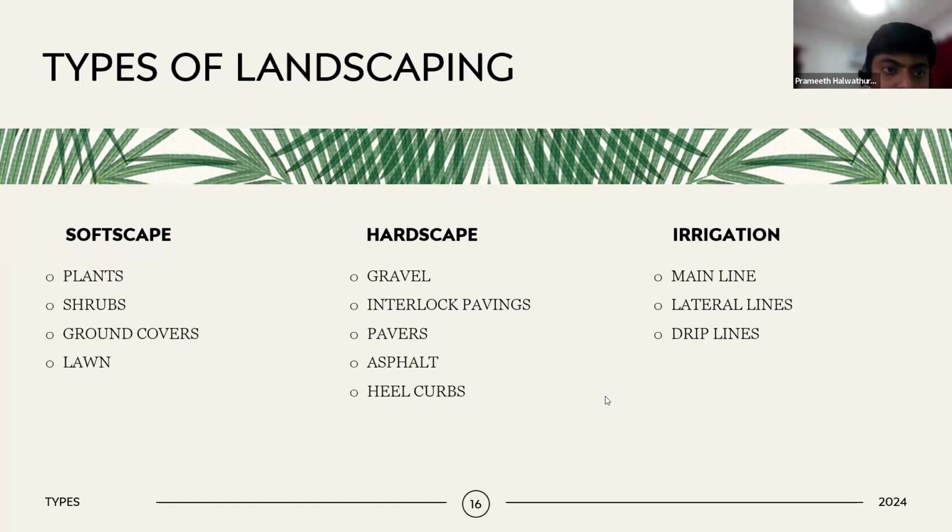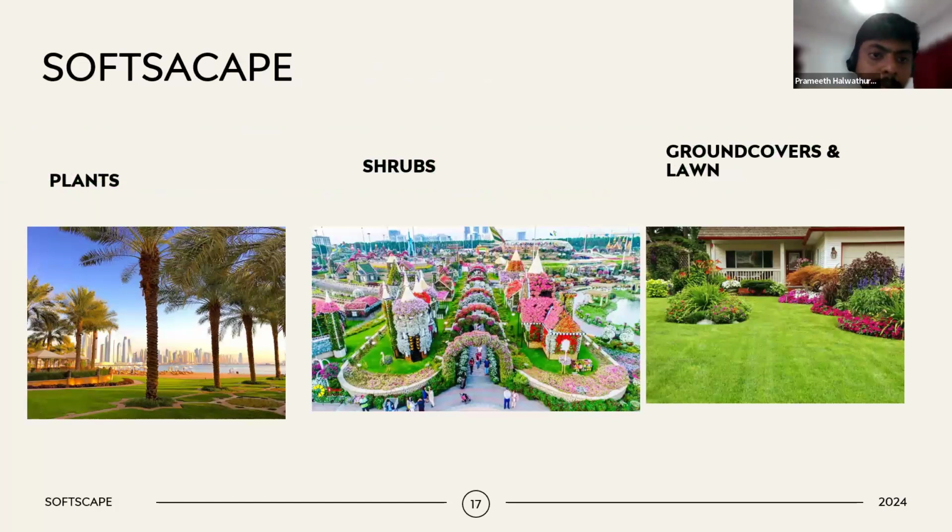Now you can see here, these are for softscape. We have trees, plants like this. You can see this beach area; it is not a beach without these trees.